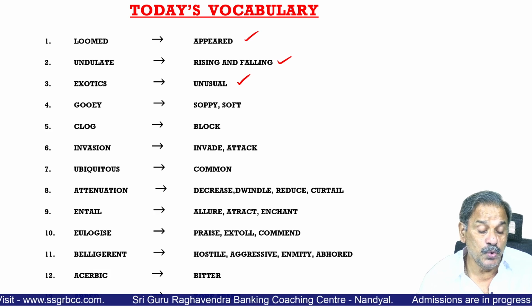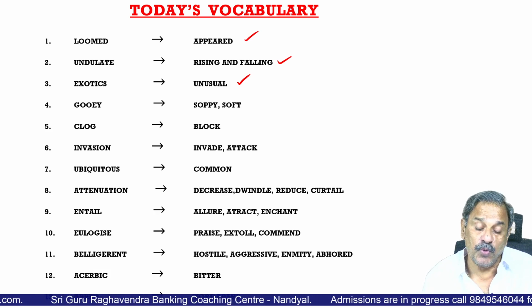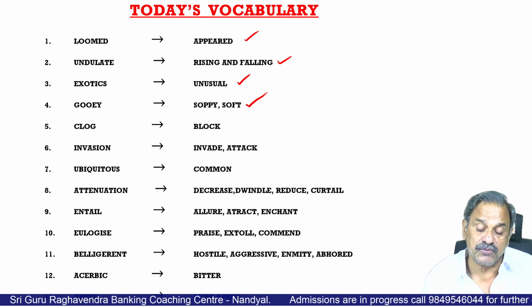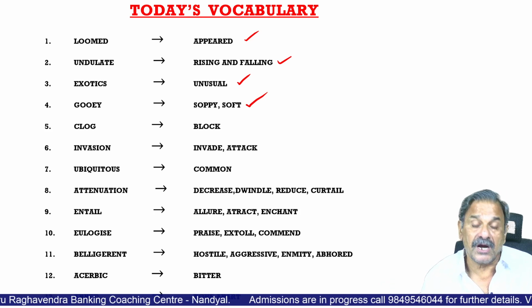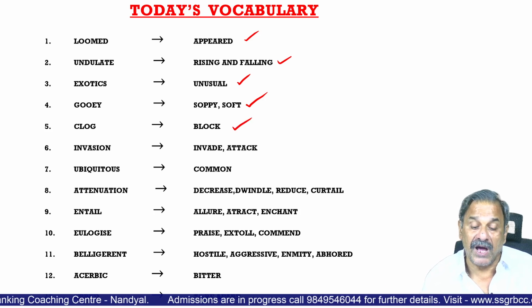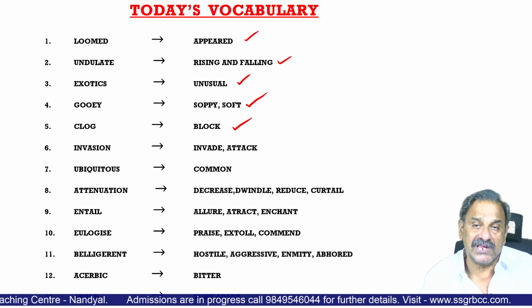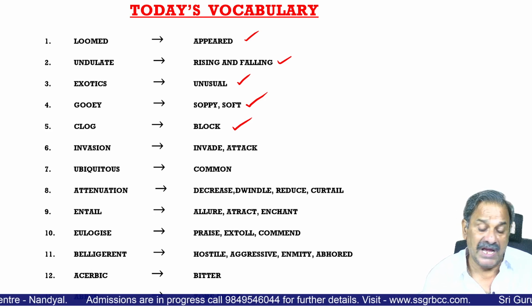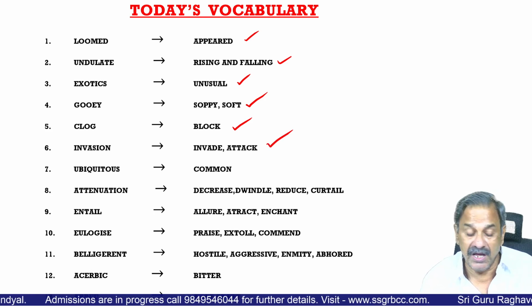Then gooey, G-O-O-E-Y. Gooey means soapy, zarudala, soft, mruduvaina. Then clog. Clog means block, B-L-O-C-K, addu paduta. Invasion means invade, attack, dandayatra cheyuta.